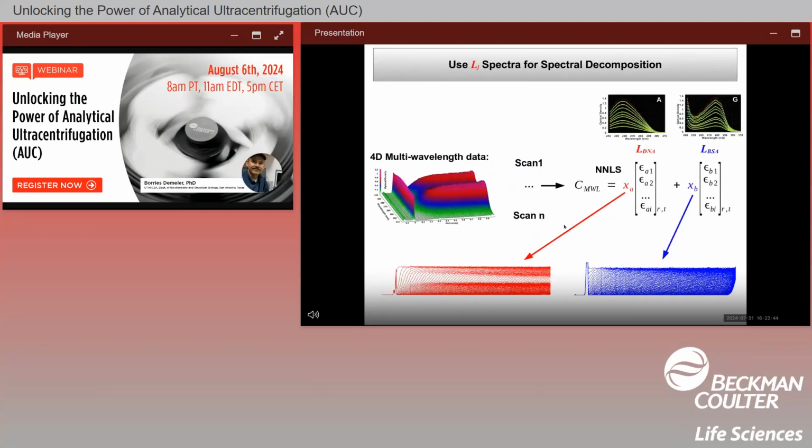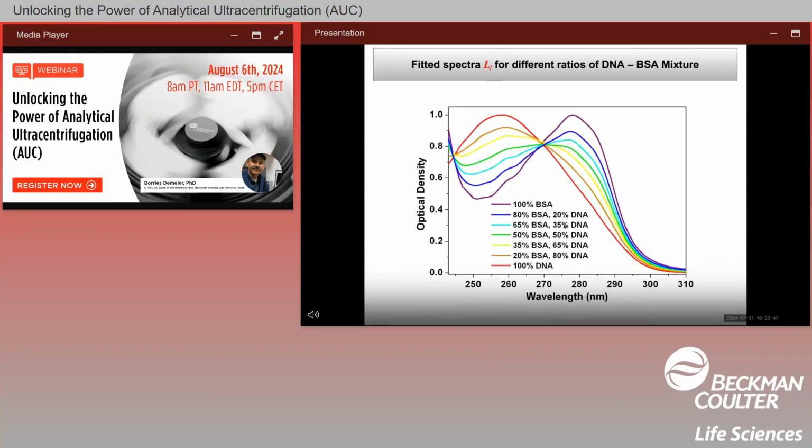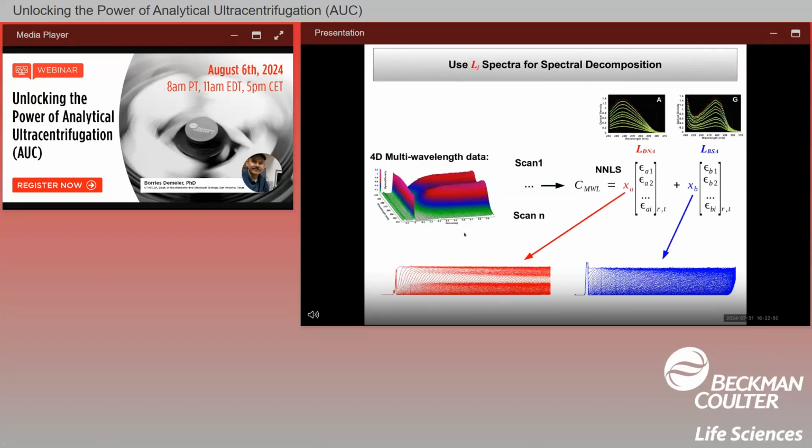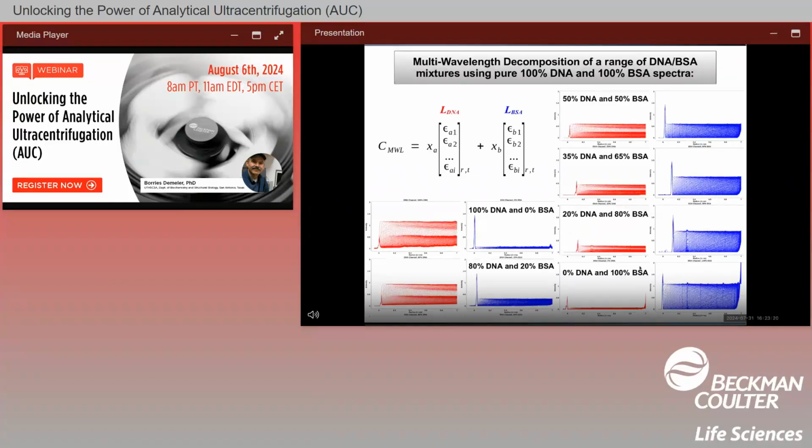We can then take a slice of our radial profile and decompose it into the absorbance spectrum of DNA and the absorbance spectrum of BSA, and we can then tell the relative amount of protein or DNA present at that particular radial position and reconstruct two new curves or experiments, one that is pure DNA and one that is pure protein. And if we look at different mixtures, we can tell how much of each signal is present.